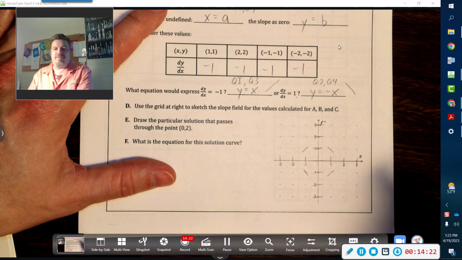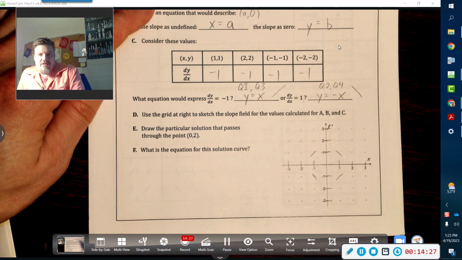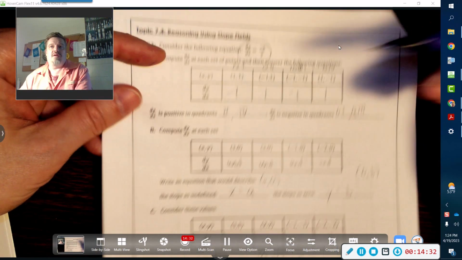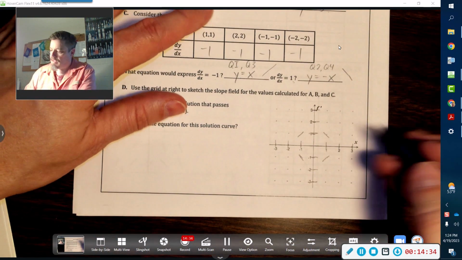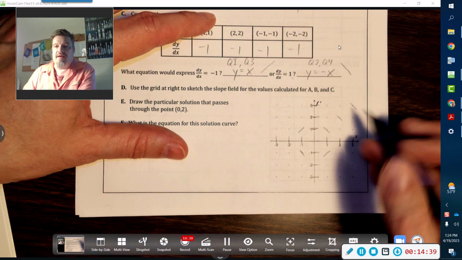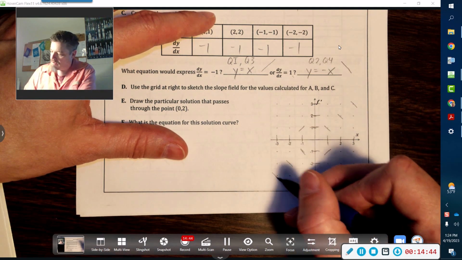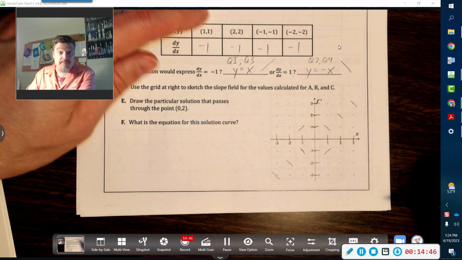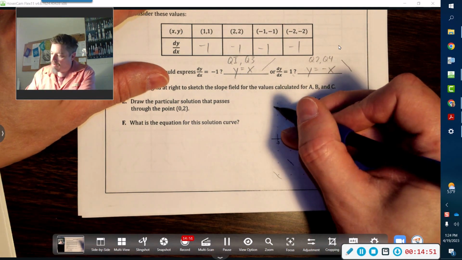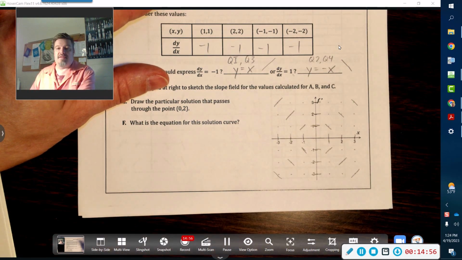All right, now I don't know if you can tell what we've got going here, but if we took the antiderivative of this, I think you will find that notice these guys are slopes of -1. That's what that table just told us, okay? And then if we got our quadrants going across here, we got +1 here. Does that look like something? Yes, you are correct. They are circles.